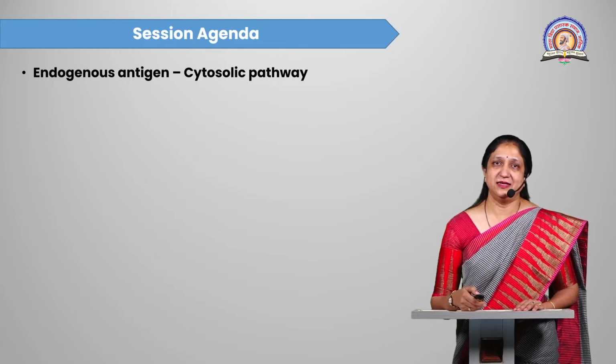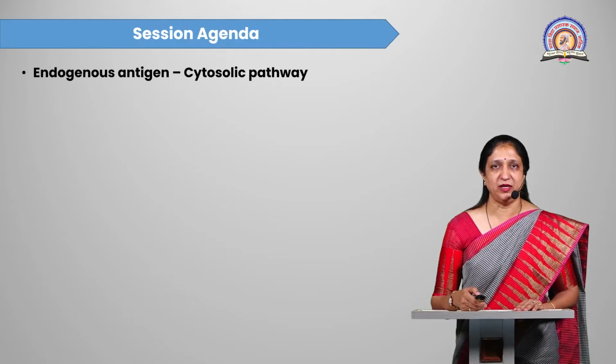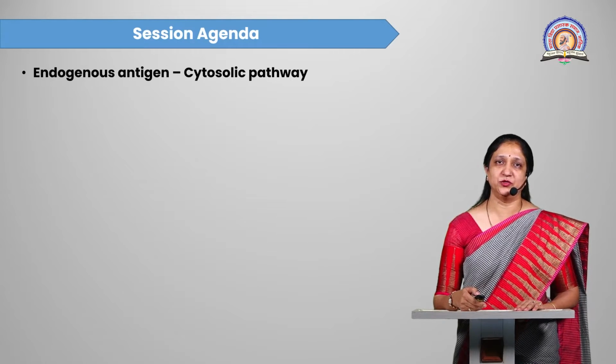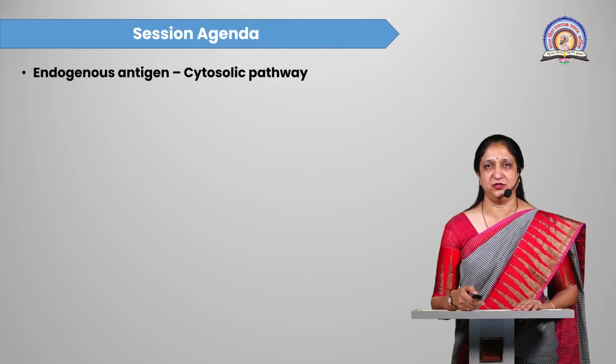So, in today's lecture, we shall be studying only one type of pathway, that is the cytosolic pathway, which is usually used for processing and presentation of the endogenous antigen.